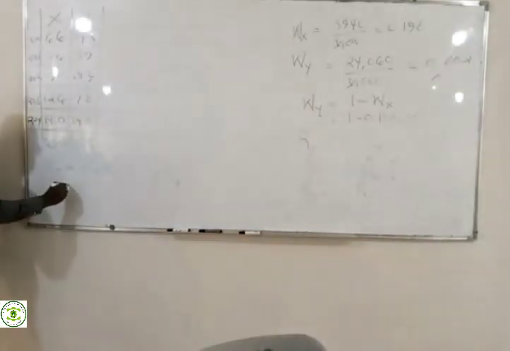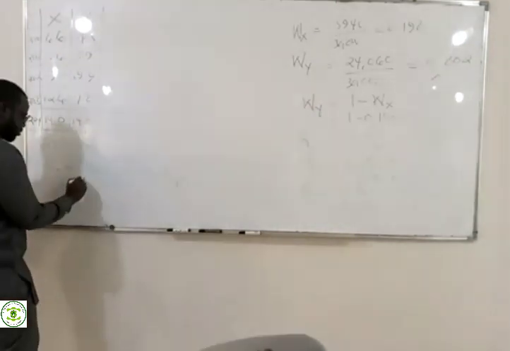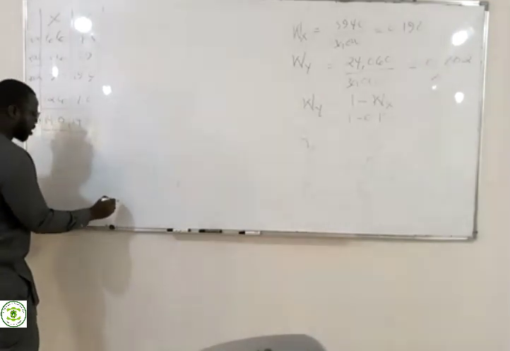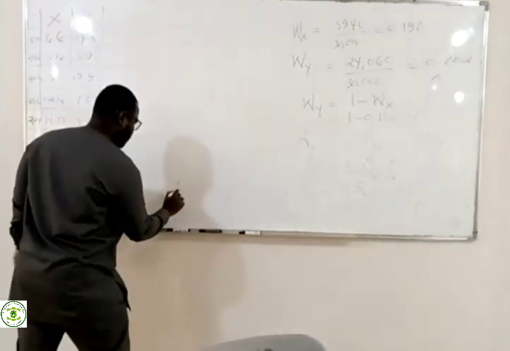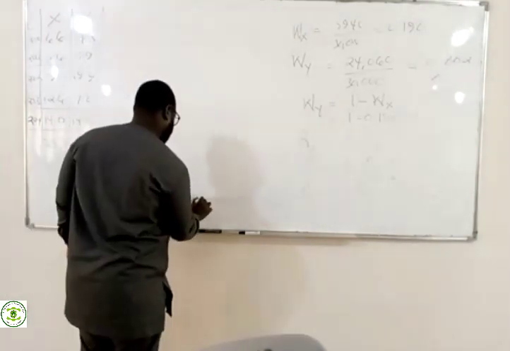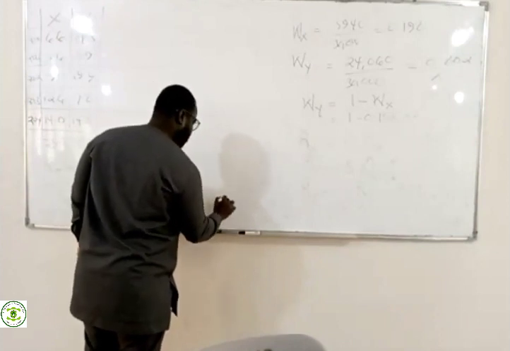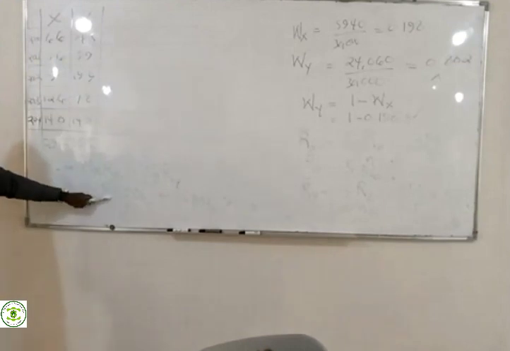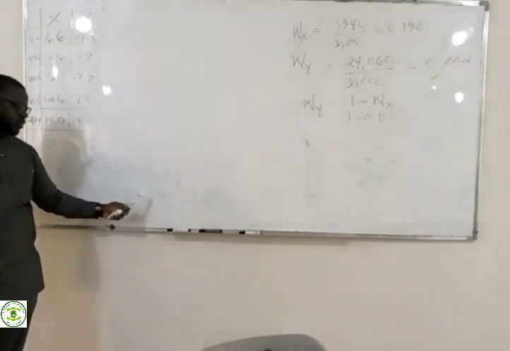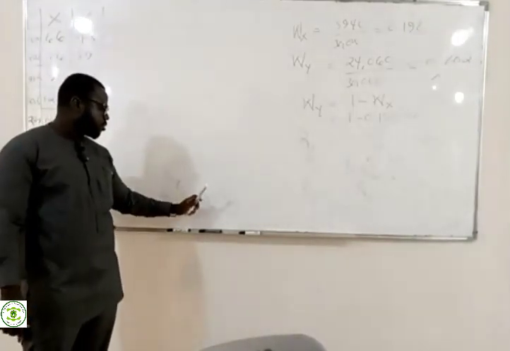So here we have 0.198 times 5.96 plus 0.802 times 9.1. So what will you get?